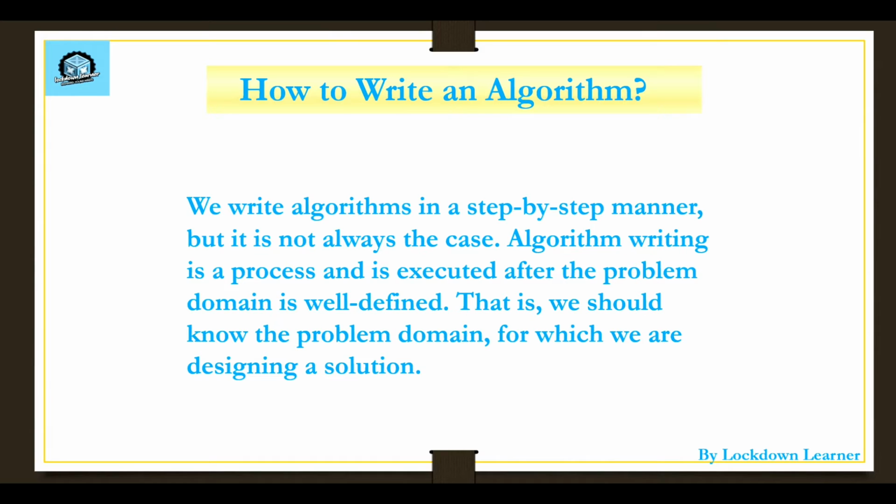You should be clear that you have to add two numbers and give the result. It's not like you will do a subtraction. If I'm saying addition and you are doing subtraction, that doesn't mean anything. So you should be clear with your problem and then start writing the algorithm. Obviously, you should know the problem domain for which you are designing a solution.